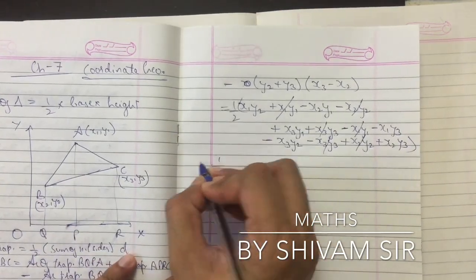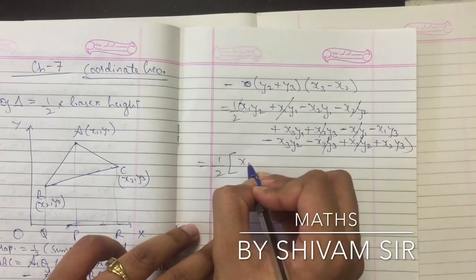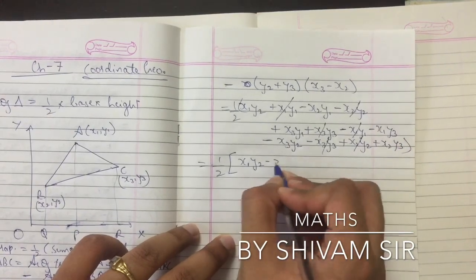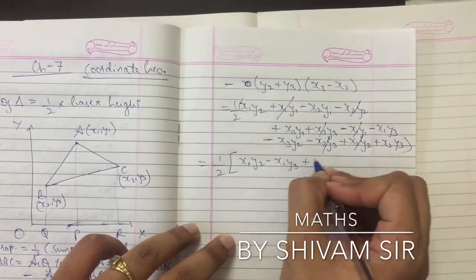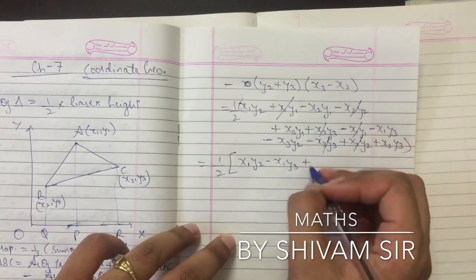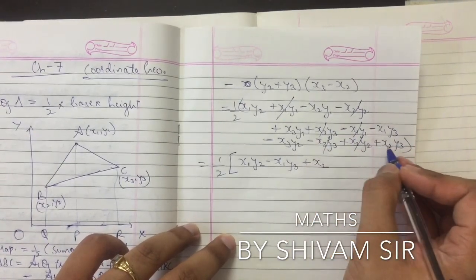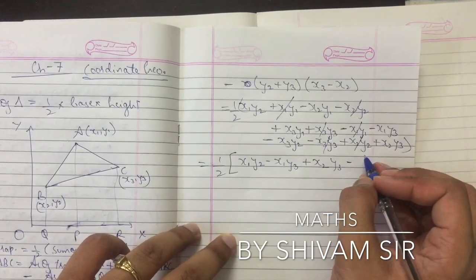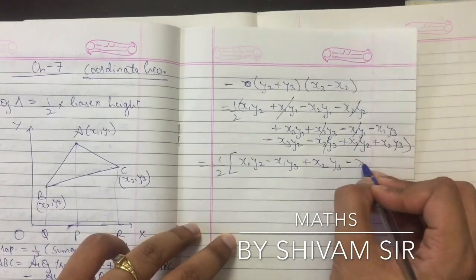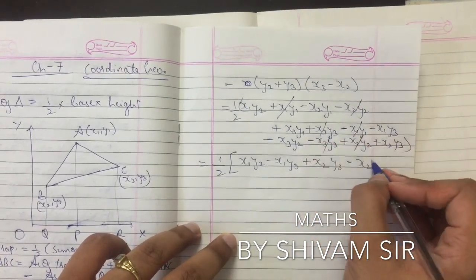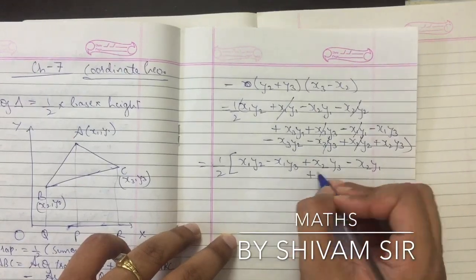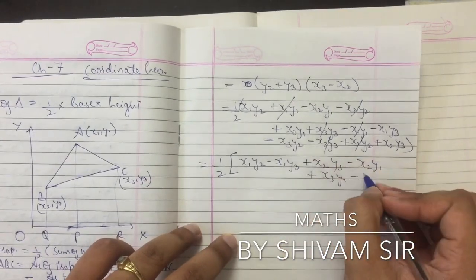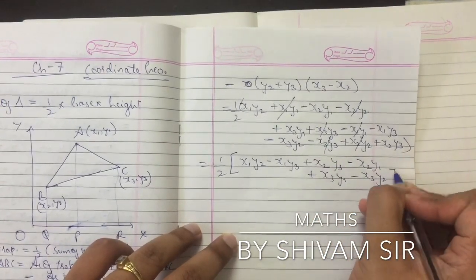Half bracket x1 y2 minus x1 y3, plus x2 y3 minus x2 y1, plus x3 y1 minus x3 y2. So these are all the terms we have now.